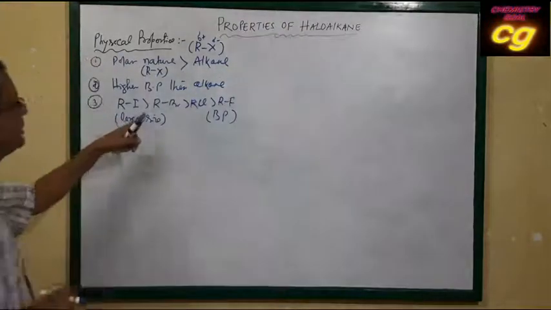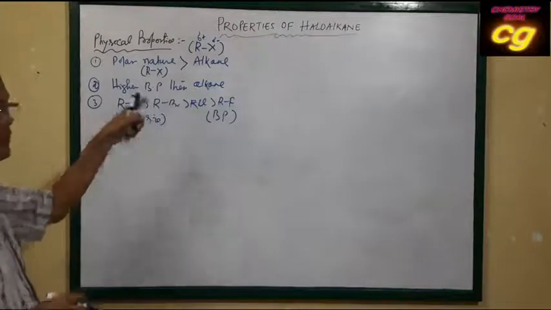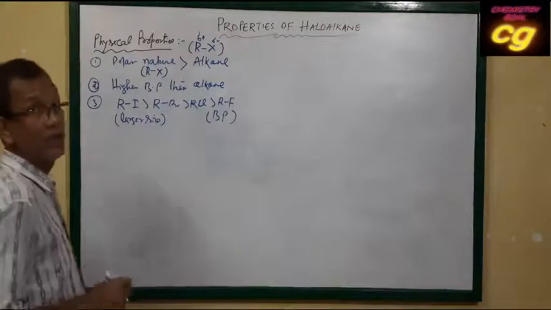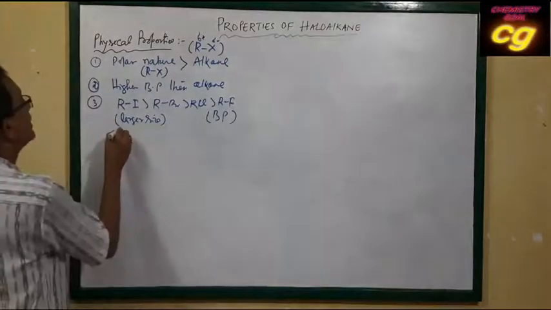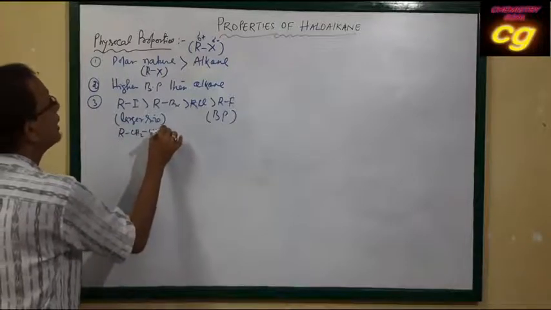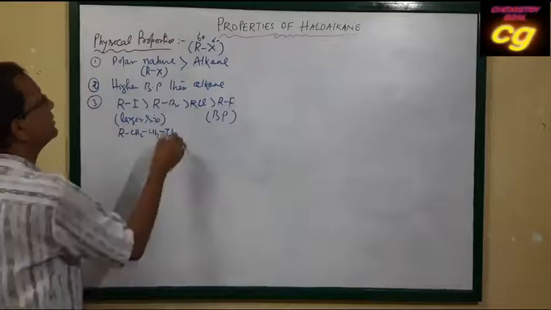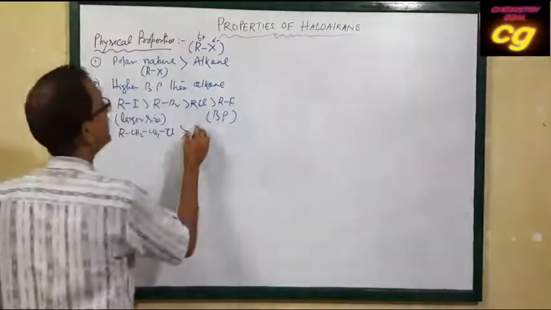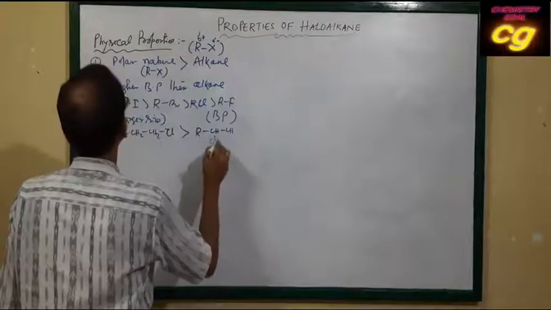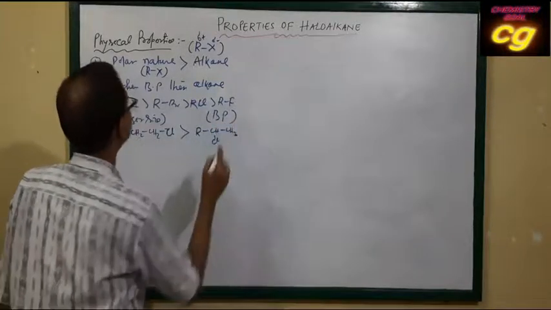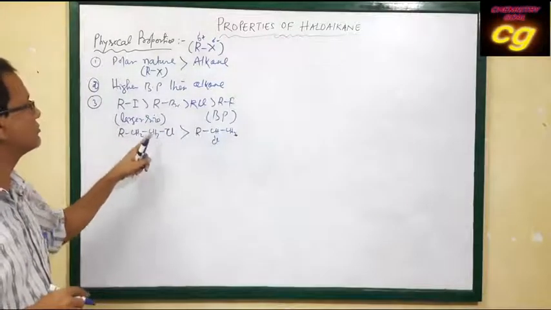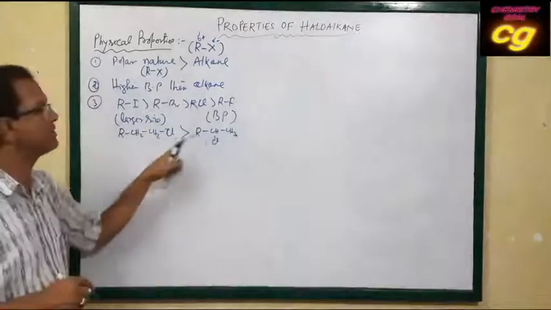This is regarding the boiling point, but the boiling point of a specific haloalkane also depends upon straight chain or branched chain. If you take R-CH2-CH2-CH3 with three carbons, here it is a straight chain, and the other is a branched chain.